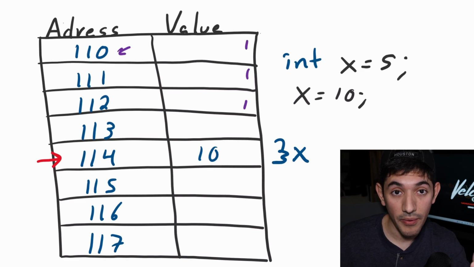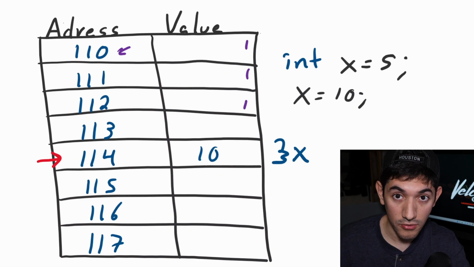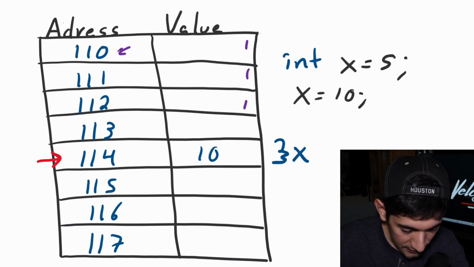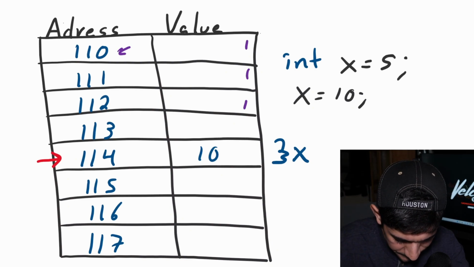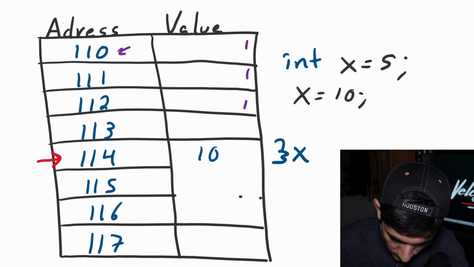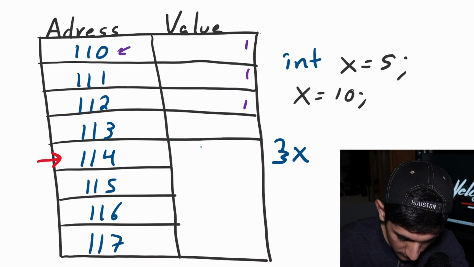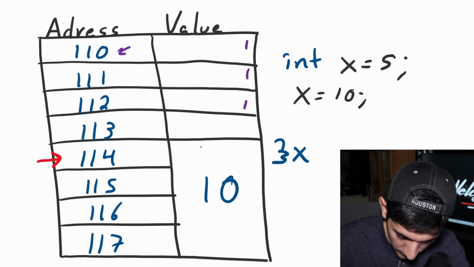So if an integer occupies 4 bytes, then that means that this integer that we have, this X, should occupy 4 slots. So let's just fix this real quick. So instead of me having a 10 just there, we're going to occupy 4 slots, right? Because that's what I'm telling you that an integer occupies. And so now I'm just going to put a big 10 right here.